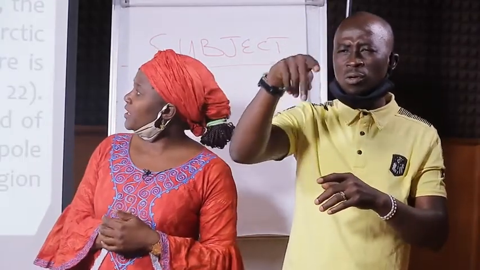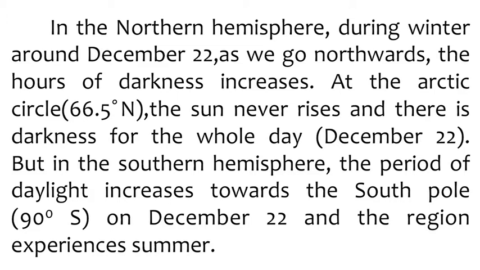Let's look at further explanation. We said in the northern hemisphere, during winter, around December 22nd, as we go northwards, the hours of darkness increases. At the Arctic Circle, which is at 66.5 degrees north, the sun never rises and there is darkness for the whole day. That is at December 22nd.